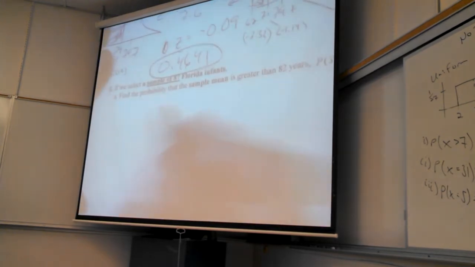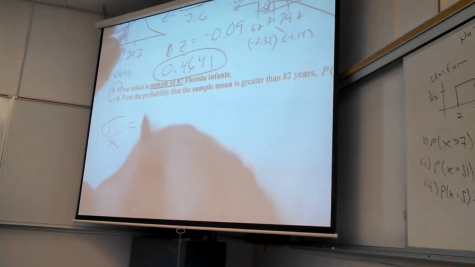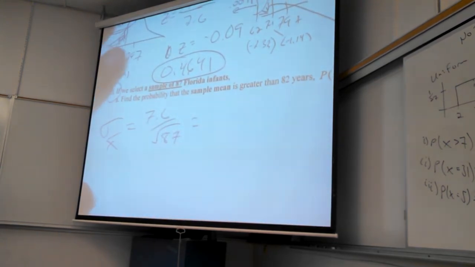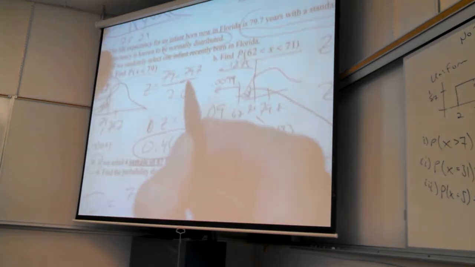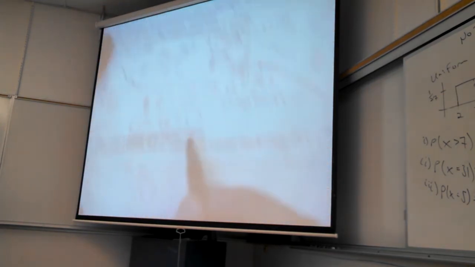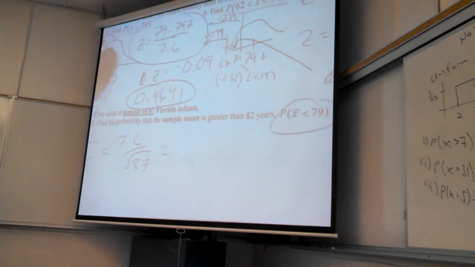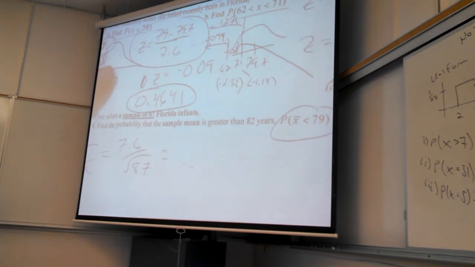And then finally, what changes on this part? Yeah, you just change the standard deviation from what it was to divided by the square root of 87, because the sample size is 87, and whatever that is. And then you just redo this z-score, but instead of 7.6, you're going to have the new standard deviation there. So whatever that is, I don't know.